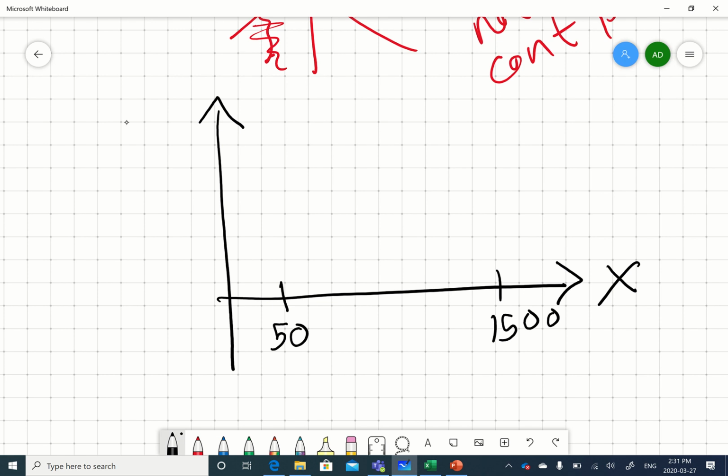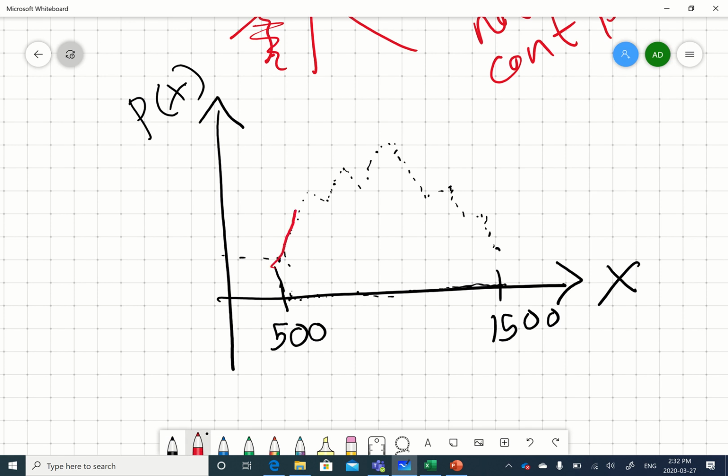You represent all possible values of the variable, and then on the y-axis you list the probabilities. For each point starting from 500 all the way up to 1500, you can have a corresponding probability reading. I don't know the shape, but it can be a very weird shape. Basically it's a curve.